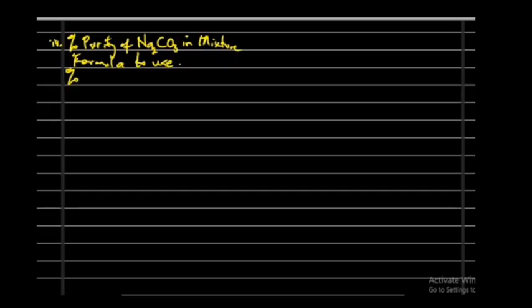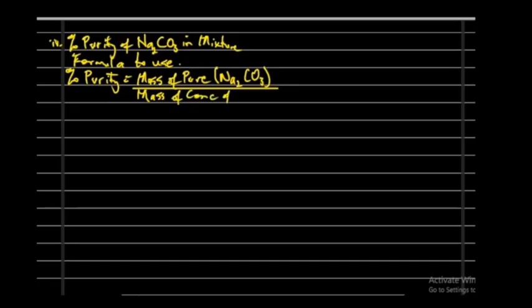we have percentage purity equals mass of pure sodium trioxocarbonate divided by mass of impure mixture, multiplied by 100/1.